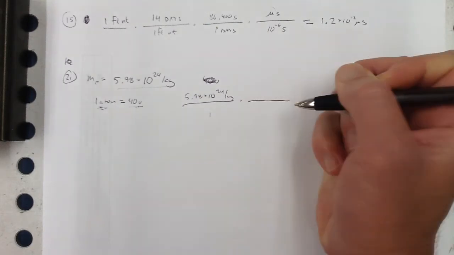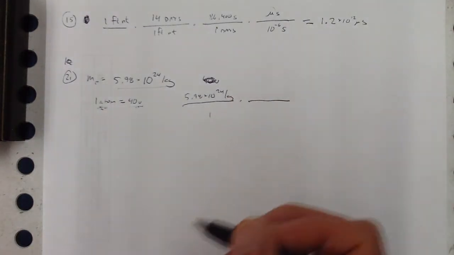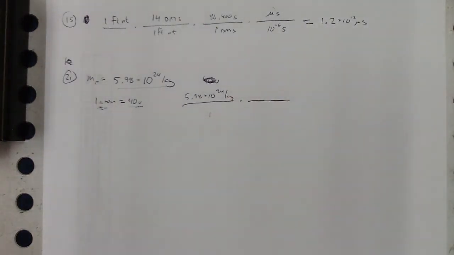And then I want to get from kilograms to atomic mass units. So let me just make sure. I've got to guess at what that is, but that's not a number that I roll out of my brain too often. So I'm going to make sure. Let's see, mass.